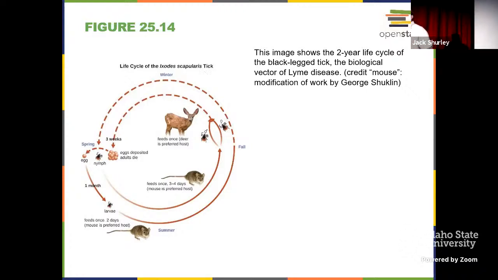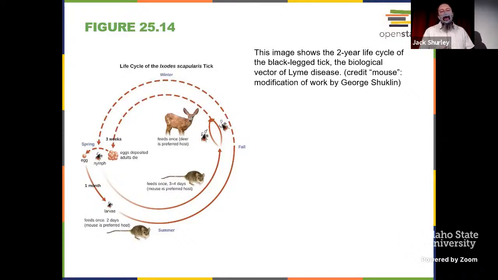It's really pretty impressive, the life cycle of the tick. It takes a couple of years before you see the adult stage and egg production.